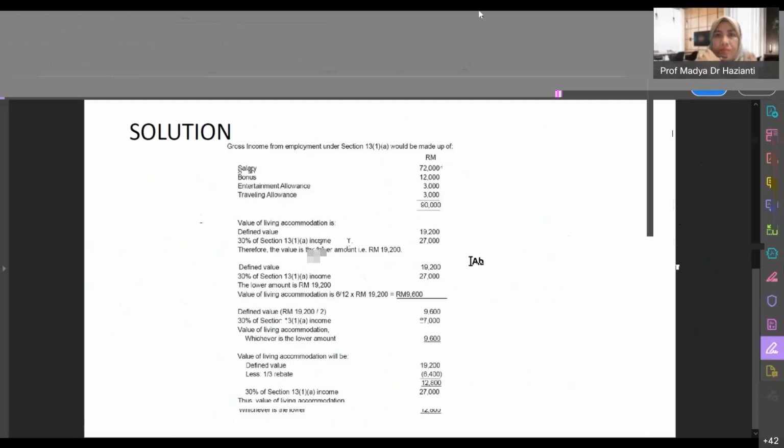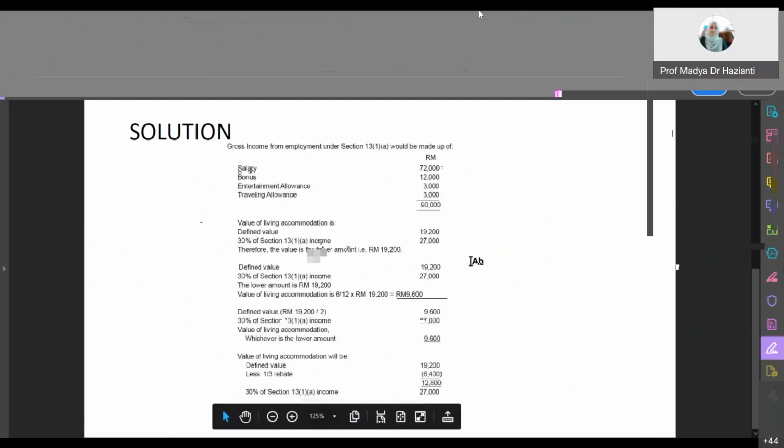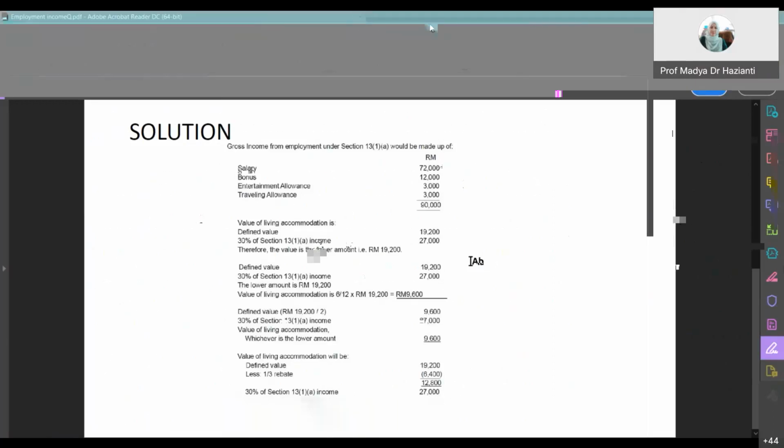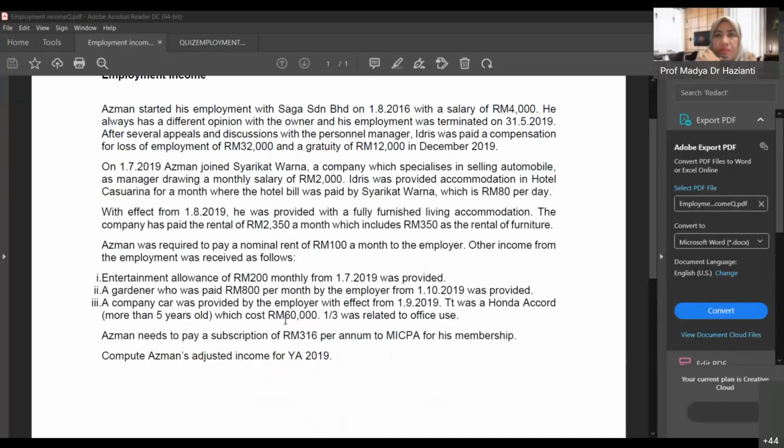Untuk yang ni, have you tried? Kalau ni cuba buat. Ada try buat tak? Ada yang try buat? Or you want to try soalan Faizul ni dulu?